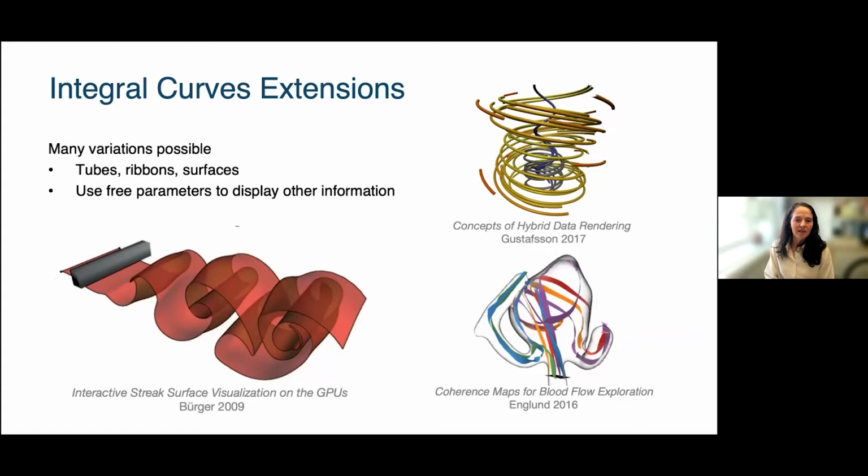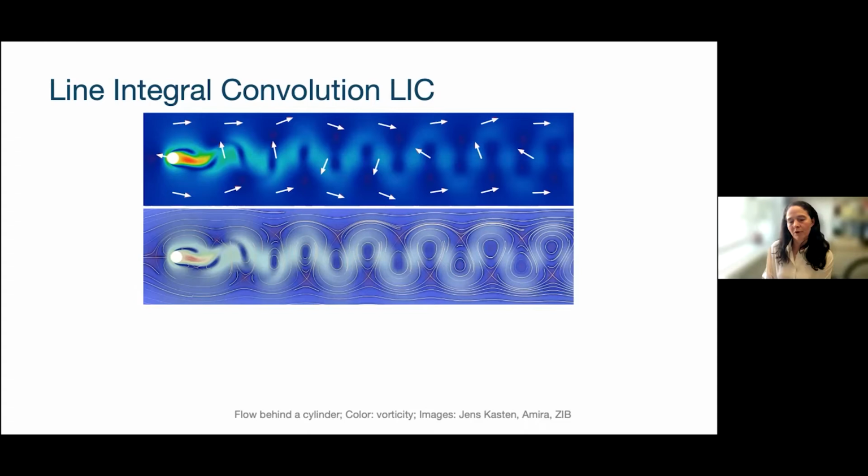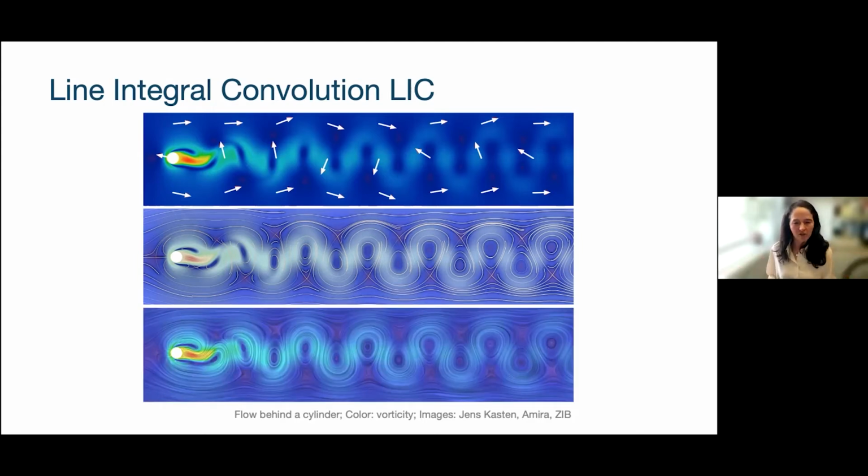So if you are especially interested in the flow on surfaces or on cutting planes, then you can go one step further. Here we started with a sparse representation using arrows. Then we have a streamline representation. And now the most dense representation, where we use every pixel in our image for your information, would be a texture.